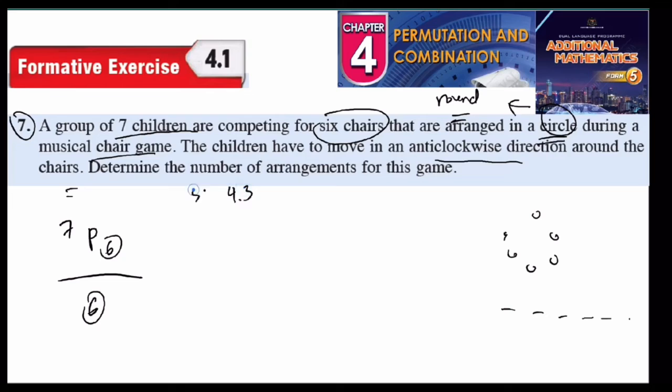We can say that it is 7 times 6 times 5 times 4 times 3 times 2 times 1, and if you simplify the 6 and press the calculator, 7P6 over 6, the answer is 840. So this is the number of arrangements for this game, which is 840 ways.